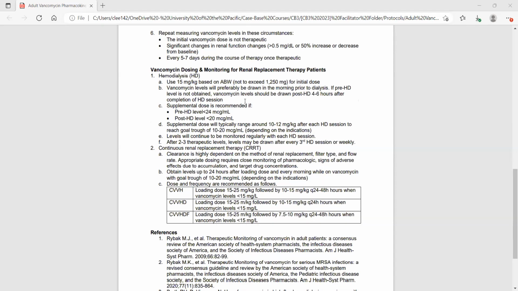Now we go to those patients who might be on renal replacement therapy, if they're on hemodialysis. You're not going to be able to do AUC monitoring because they're not clearing the vancomycin, if that makes sense. Vancomycin is cleared mostly by the kidney.